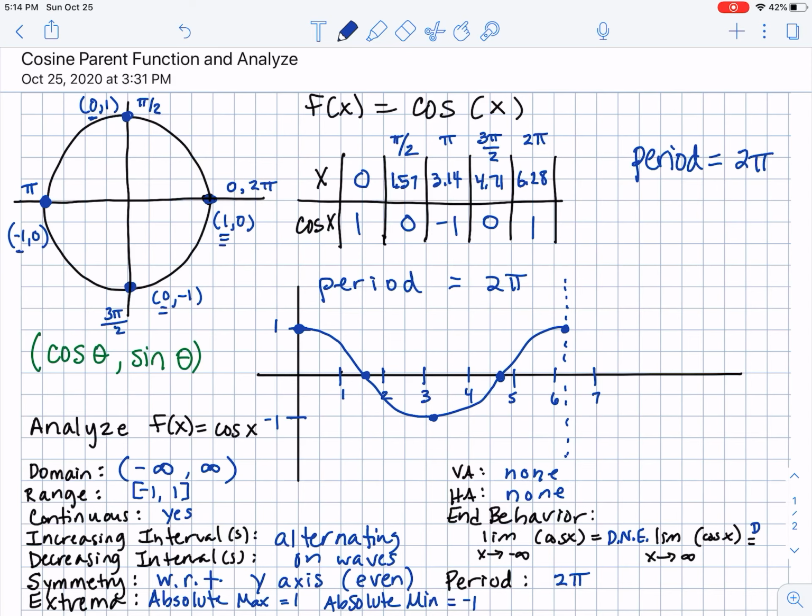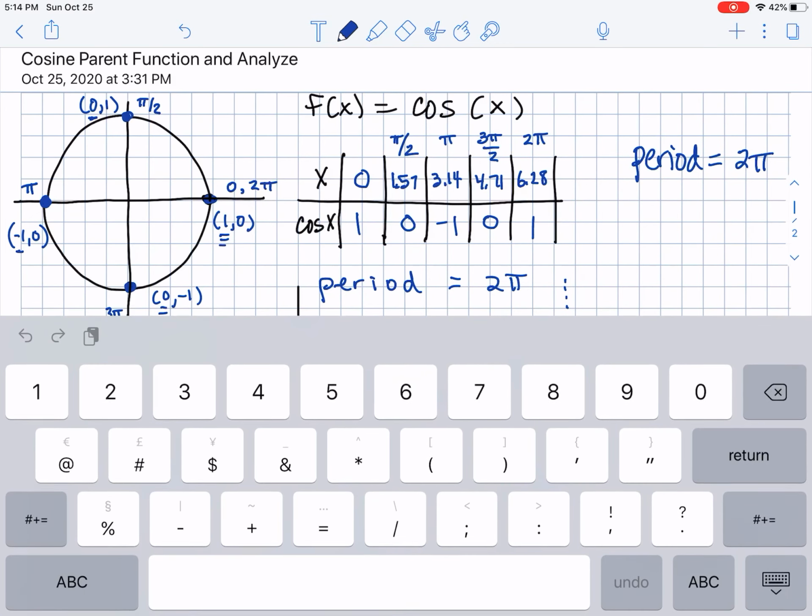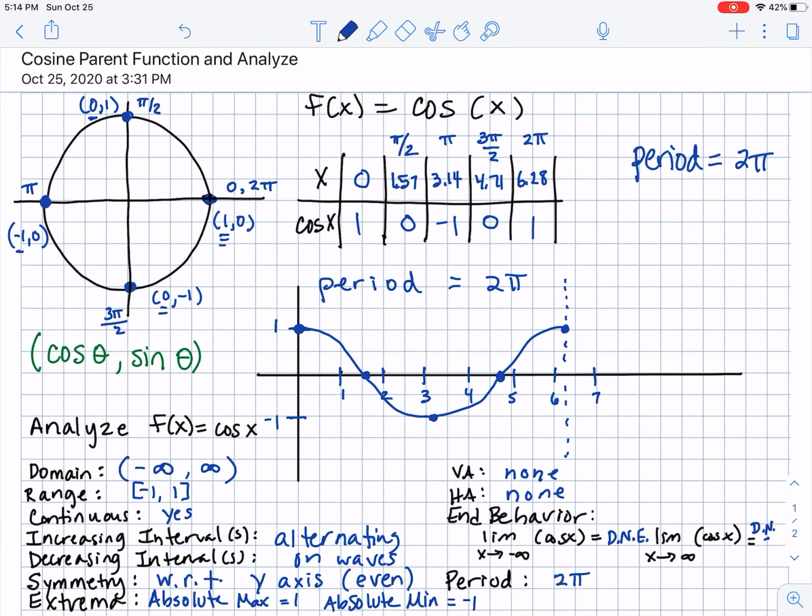So the limit does not exist. Okay? As x approaches negative infinity and as x approaches infinity. So that is our cosine function, which I'm going to then show you how to do some transformations using this parent function.